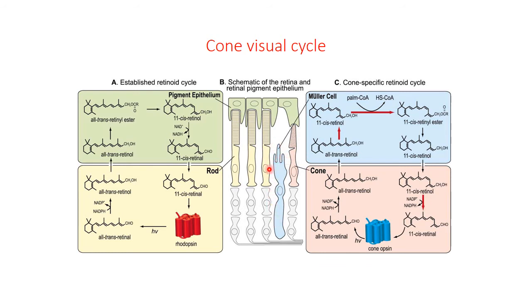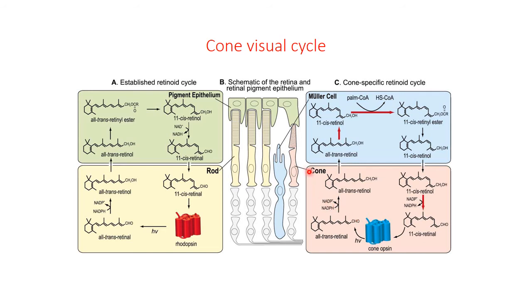These glial cells in the retina are named Müller cells, and these Müller cells are able to restore 11-cis retinal to cones, and cones are able to use 11-cis retinal to restore the chromophore to these cone opsins.